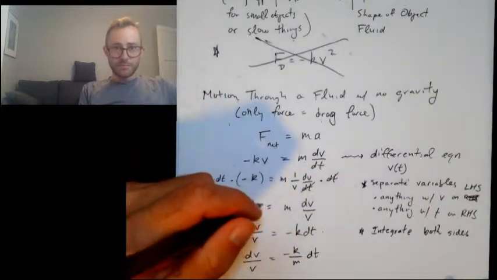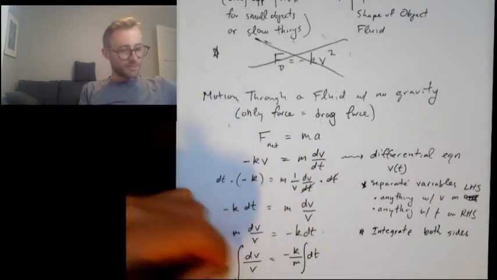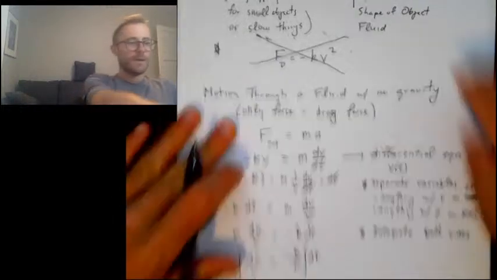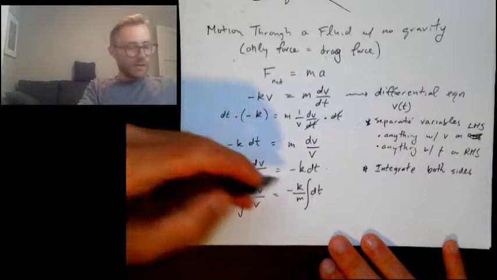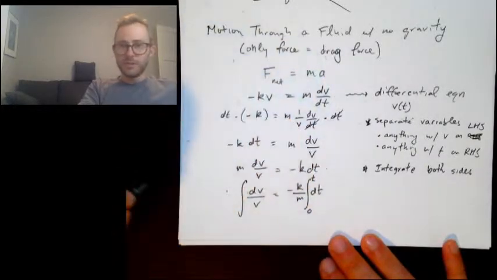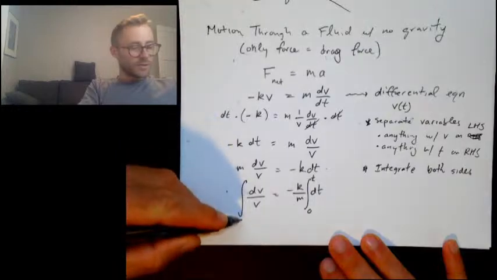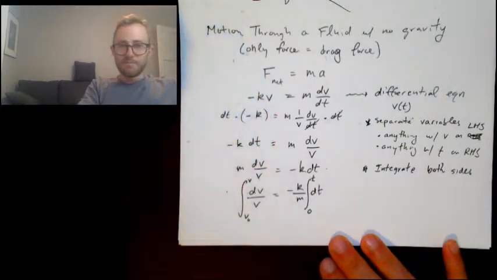That's okay. All right. So I'm going to integrate both sides. On the left-hand side, I'm going to integrate from v initial to v, and on the right-hand side, I'm going to integrate from 0 to t.